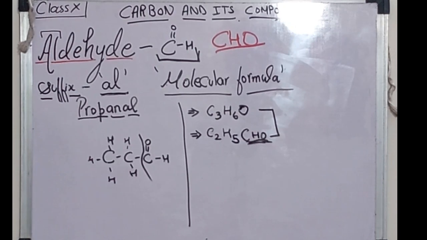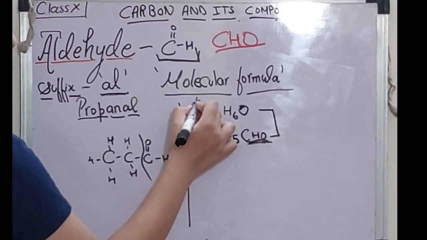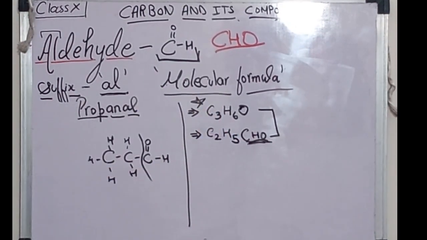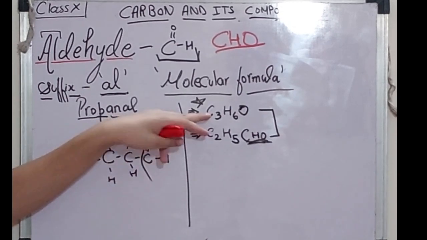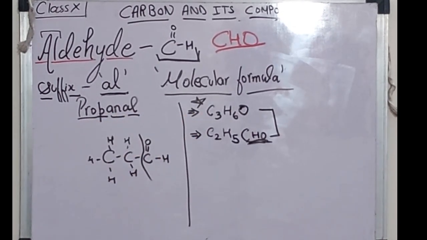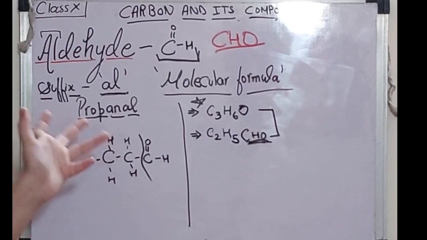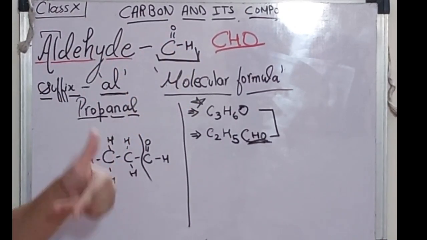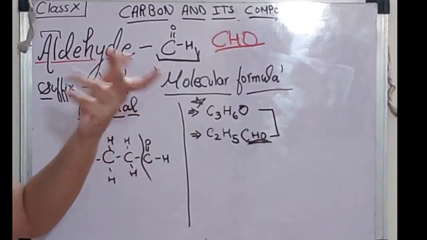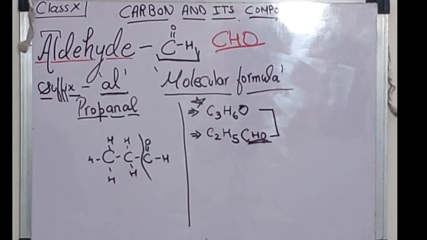Now for this, just star mark it, because I am going to tell you later why this can be confusing. For now you will say that this is the only functional group having hydrogen and oxygen as well, so it should be clear, but no, it will not be clear, and I am going to tell you how.